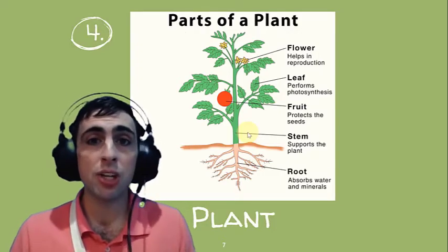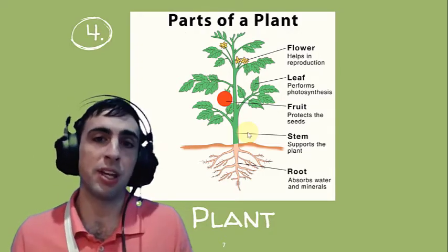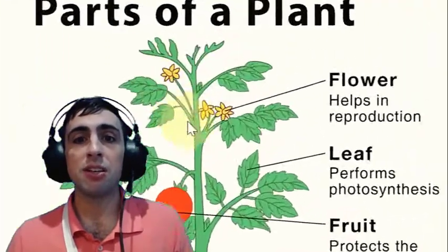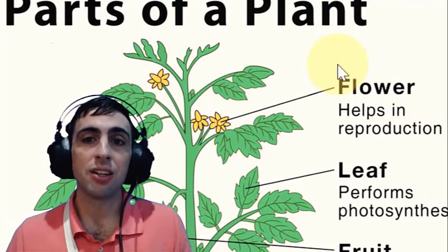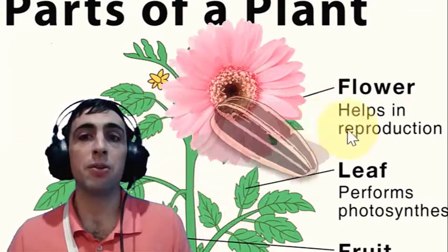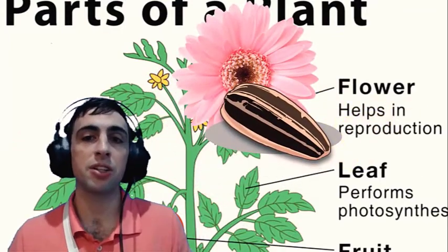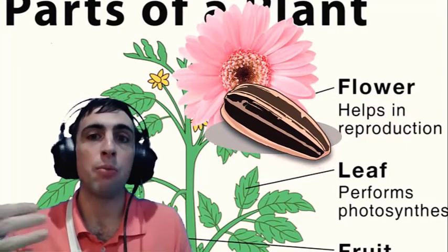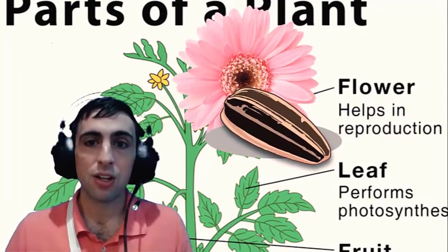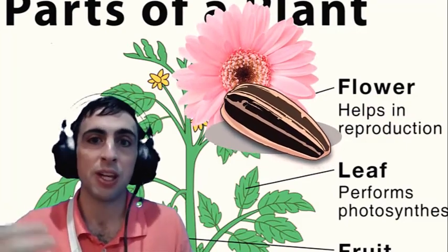Alright, so let's look at the parts of the plant. Here we see flowers. Flowers make seeds. It says here that flowers help in reproduction. Reproduction means making more of yourself. So flowers make more plants.